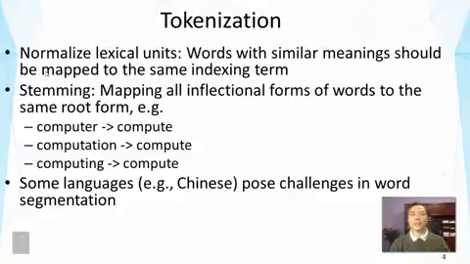When we tokenize the text in some other languages, for example, Chinese, we might face some special challenges in segmenting the text to find the word boundaries, because it's not obvious where the boundary is, as there's no space to separate them. So here, of course, we have to use some language-specific natural language processing techniques.